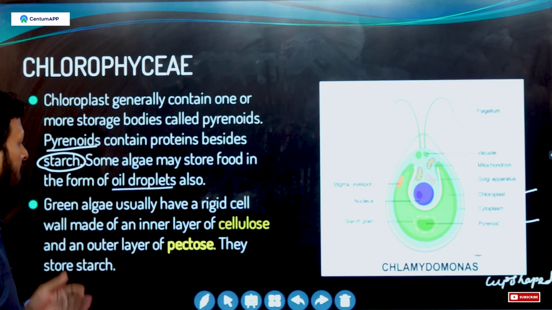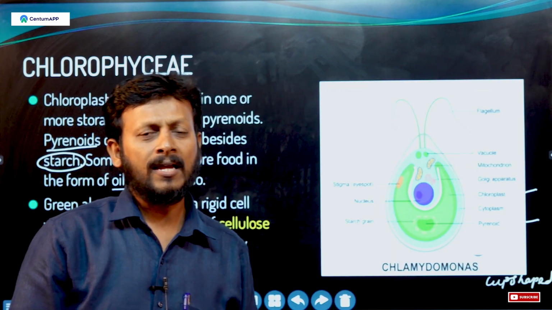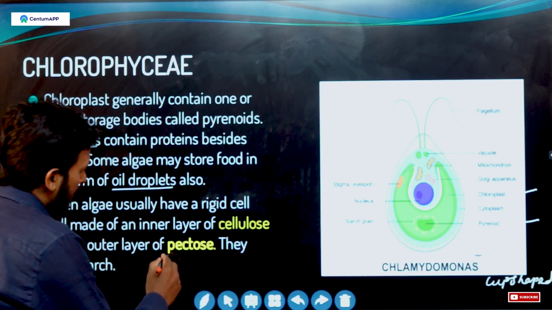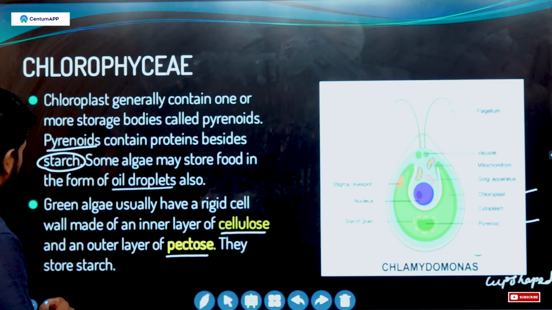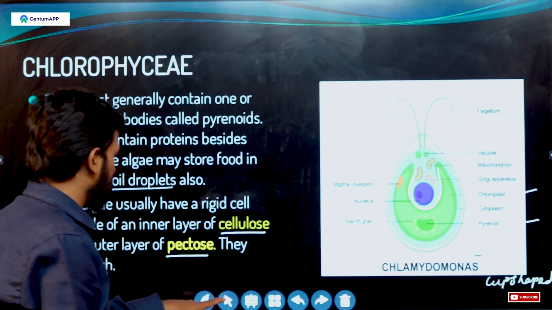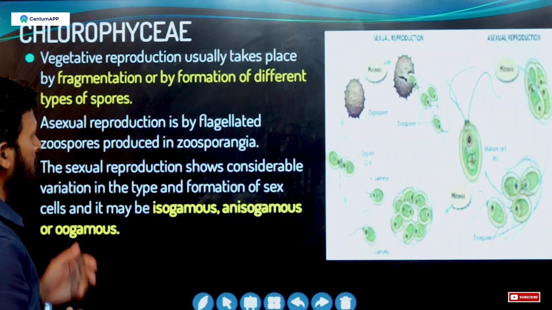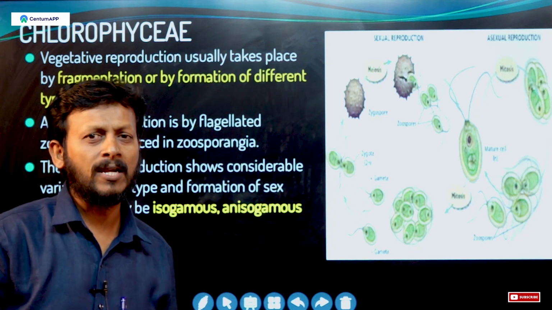Generally, in green algae the cell wall is made up of cellulose: the outer layer of pectose and the inner layer of cellulose. Starch is the stored substance. Next, in chlorophyceae, different types of reproduction occur: vegetative, asexual and sexual.